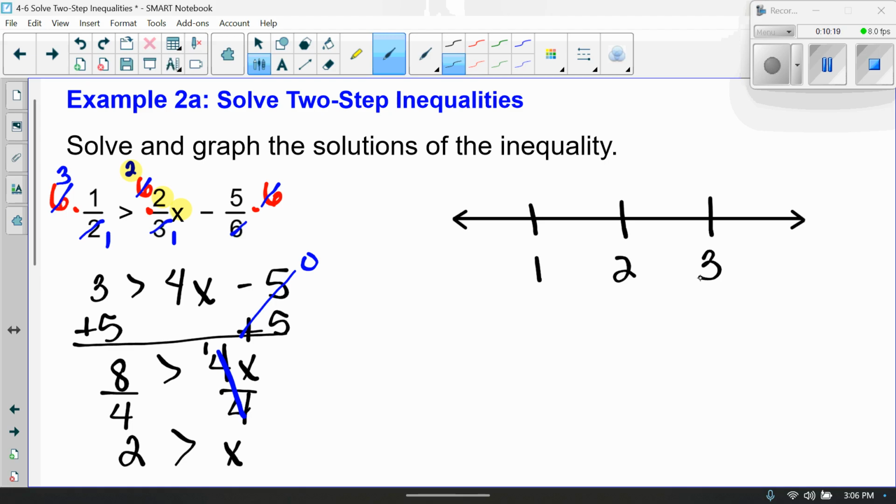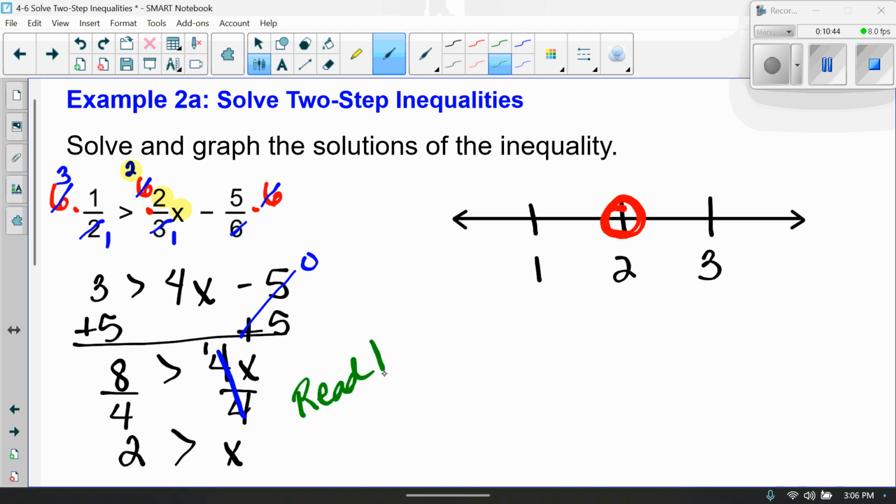Okay. What kind of circle do I have at 2? Open circle. And which way do I shade? Well, which one is it, left or right? Okay, remember the hint that we said yesterday?